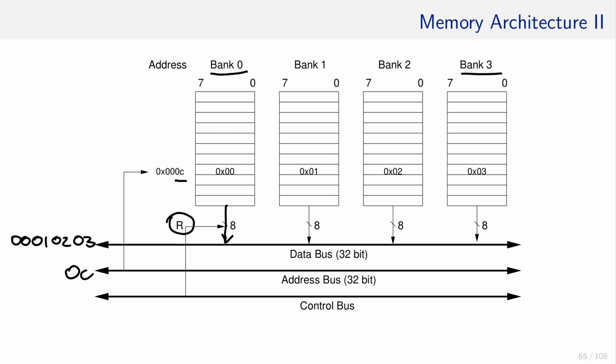This method implies that with every clock cycle, 4 memory banks can be read simultaneously and 32 bits can be obtained at once. A similar sequence is applied when data is written. In this case, the control signals are set accordingly and the data bus carries the data to be written at the desired address.